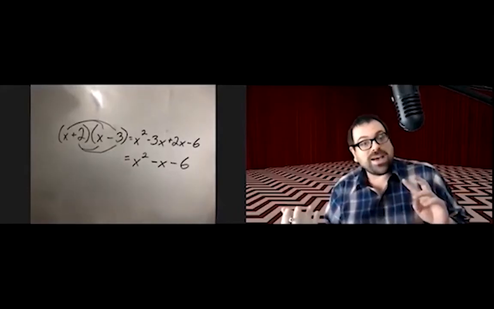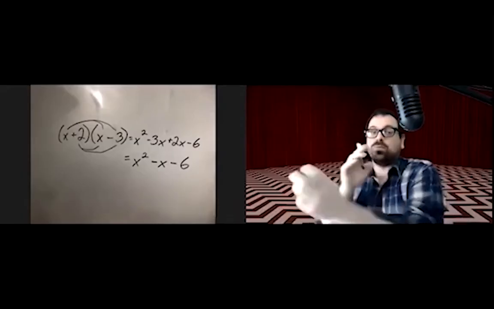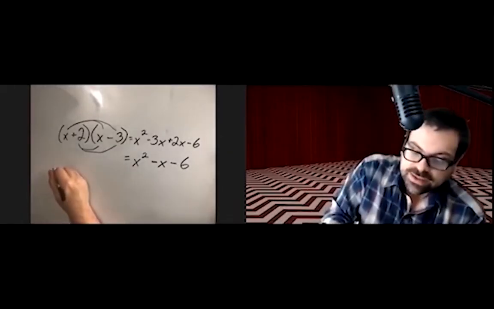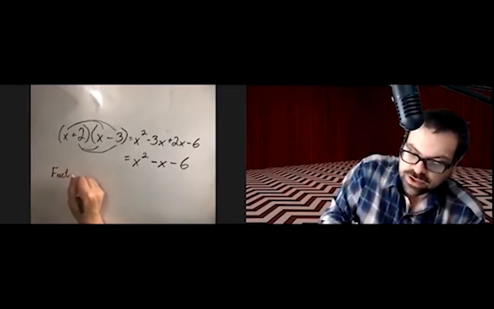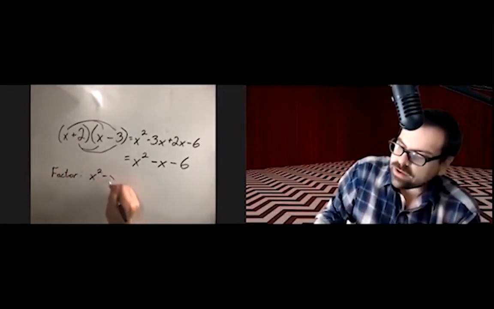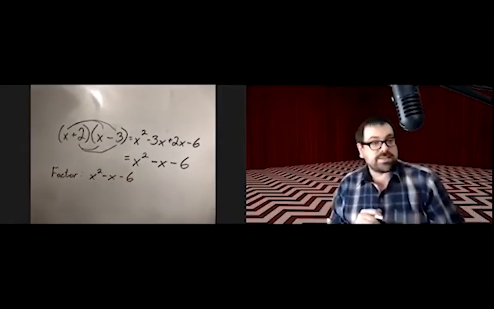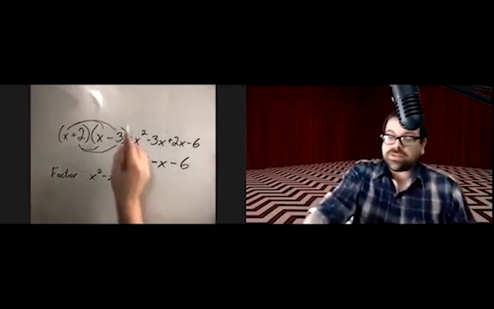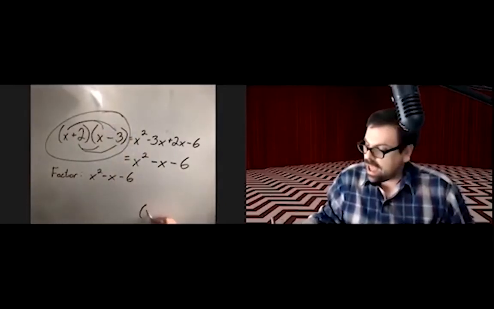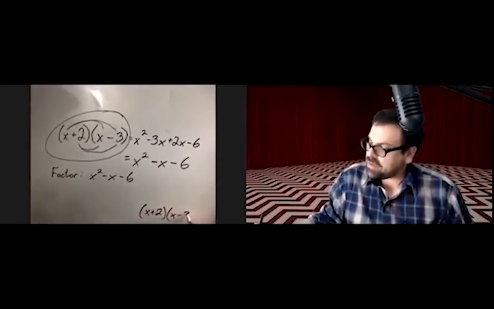So factoring is the reverse of multiplication. So if we were asked to factor x squared minus x minus 6, the answer would be x plus 2 times x minus 3.